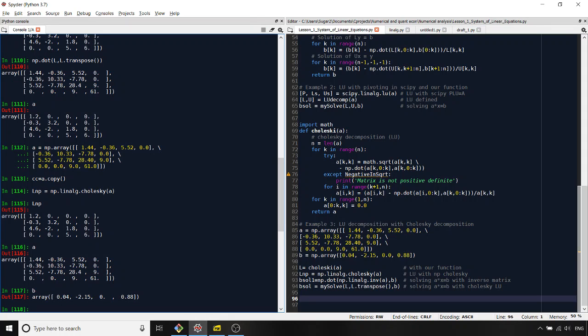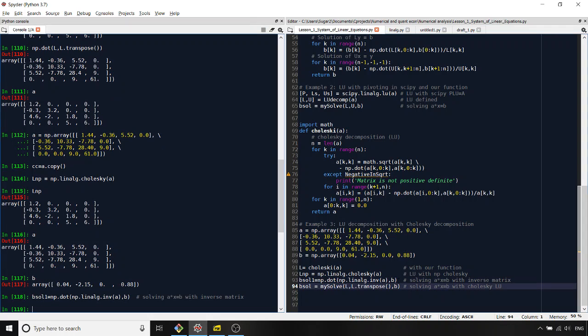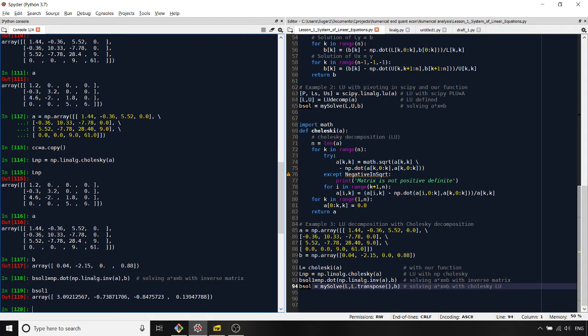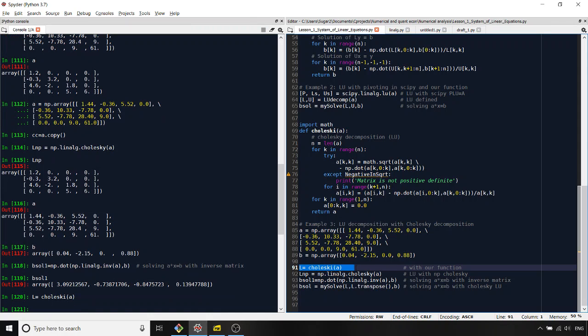Now let's try to solve the system A and B by the inverse matrix method. So let's say the solution is B solve 1 equal to. So the solution is this. Now if we use our Cholesky decomposition, how will it look? Find L, then use it.